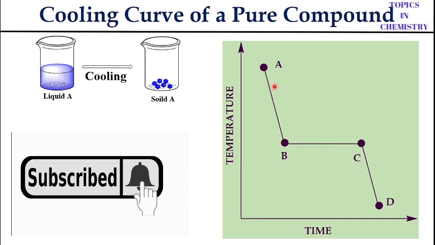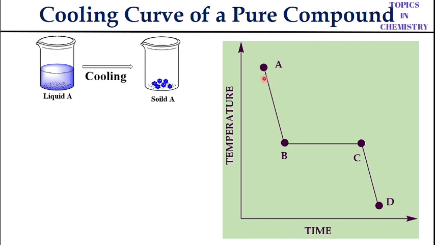At B, the first solid of A comes out from the liquid, the molten state of A. Here the first crystals come out, and you can see the temperature is constant.